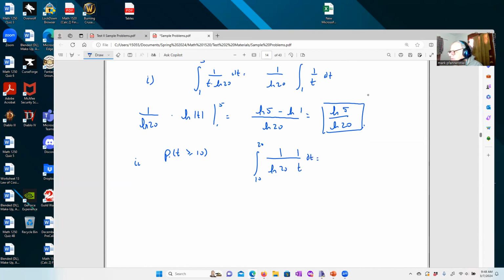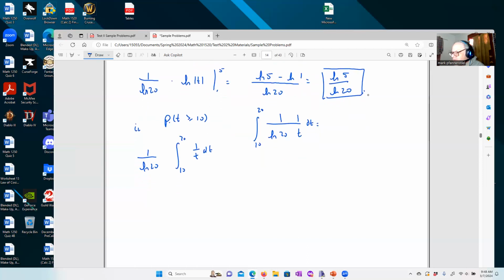All we're going to do is pretty much the same idea. We scoop the ln 20 outside the integral. We have 10 through 20 of 1 over t dt, and again the natural log. So 1 over ln 20 times ln of t, going from 10 to 20. So this is ln of 20 minus ln of 10, all divided by ln 20.